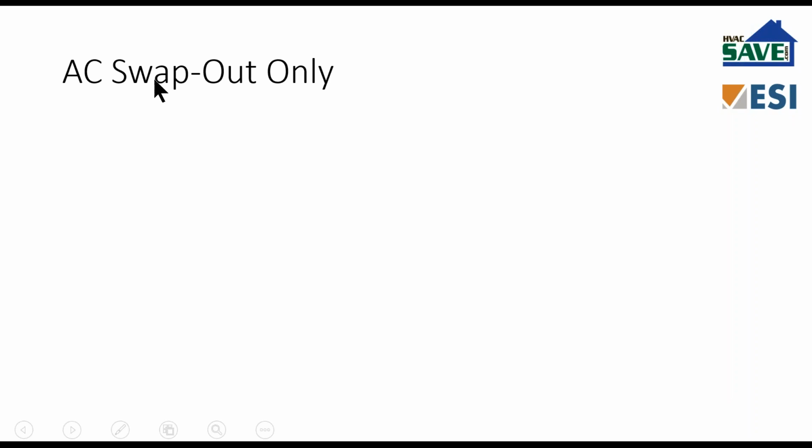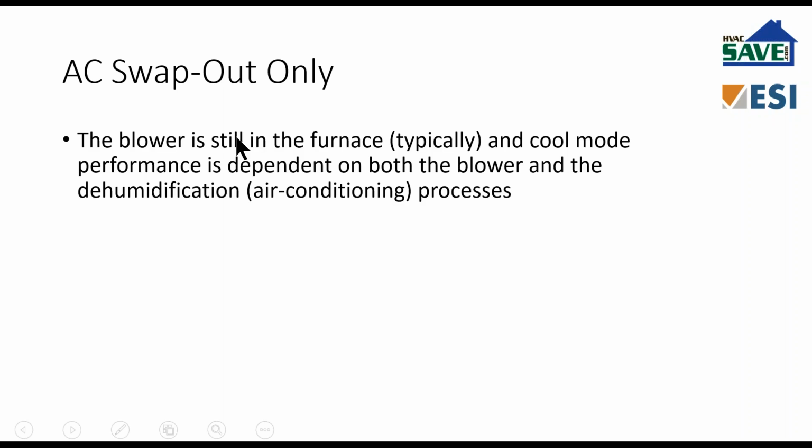Okay, last slide. I just want to touch on AC swap outs only. This is a very difficult, or can be a very difficult situation for a field professional, but it's not terribly uncommon. Remember that the blower is still in the furnace most often. You might have a blower coil, but that's pretty rare.